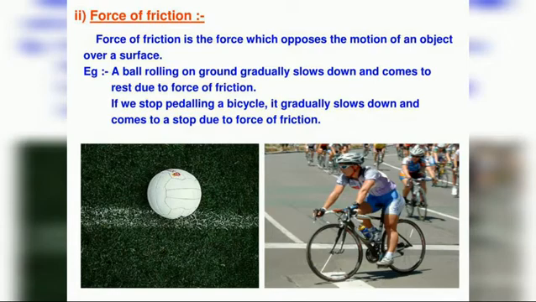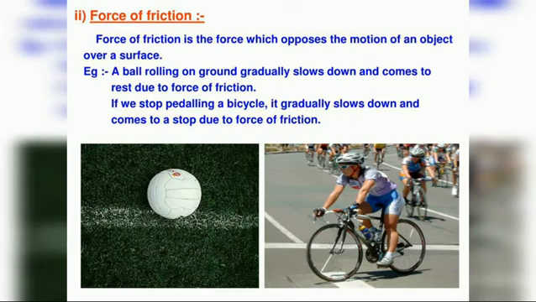If you stop pedaling a bicycle, it gradually slows down and comes to a stop due to the force of friction. In all these situations, no force appears to be acting on the objects. Can you see any force on the object? No. Yet their speed gradually decreases and they come to rest after some time.